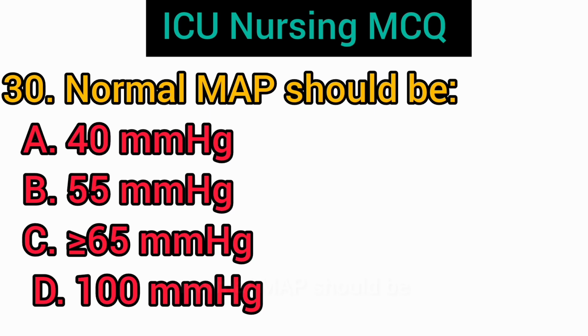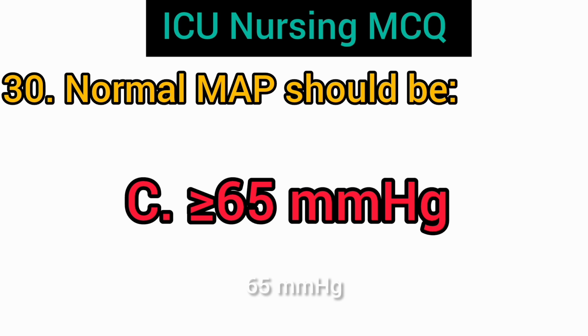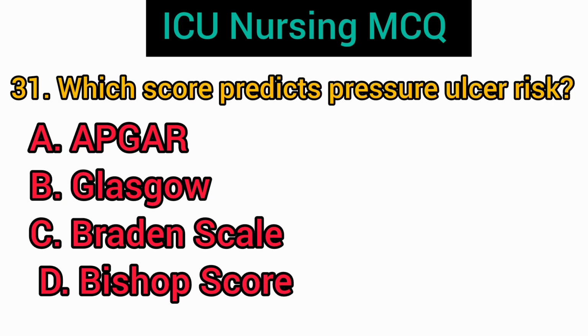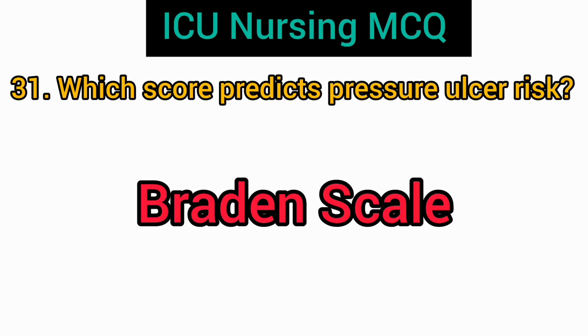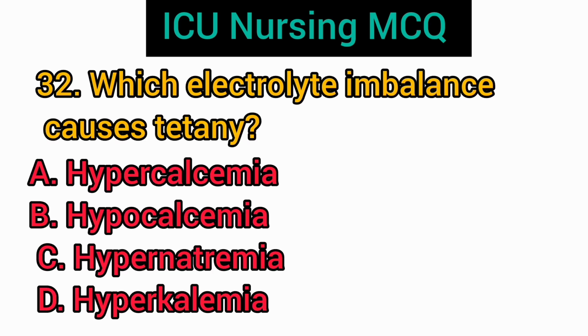Normal MAP should be 65 millimeters of mercury. Which score predicts pressure ulcer risk? Braden scale. Which electrolyte imbalance causes tetany?